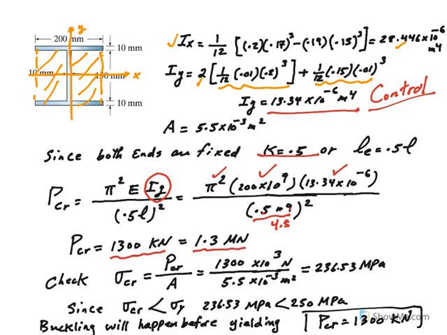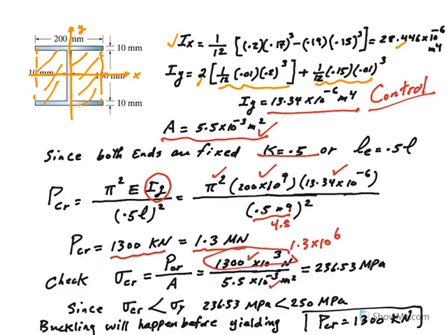And then remember, we have to always check against yielding. So I calculated the area here. You can calculate area any way you like by adding the two flanges to the web. So this is the area. So 1300 kilonewtons, or 1.3 meganewtons. I could write this also as 1.3 times 10 to the 6, which is exactly what I have here in a way.